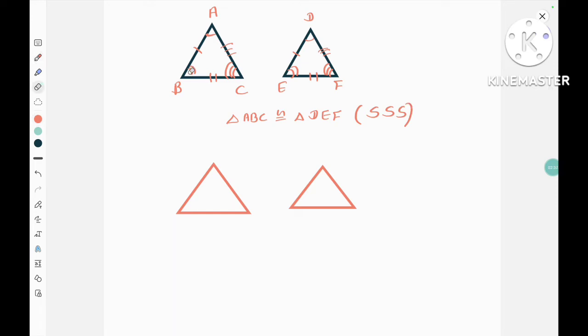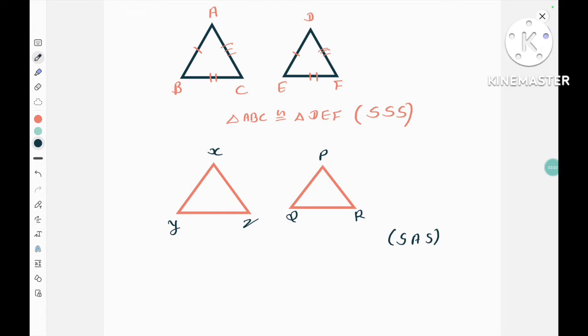This is for your understanding; automatically it becomes congruent. Now for this one, let's give the names X, Y, Z and P, Q, R. These two triangles are congruent under the rule SAS.